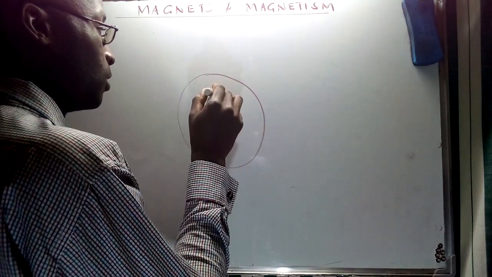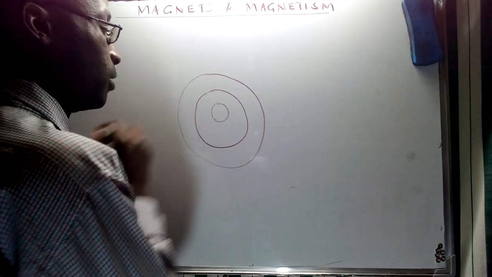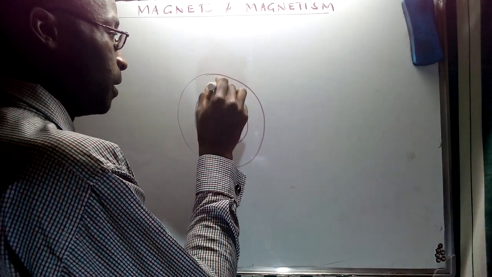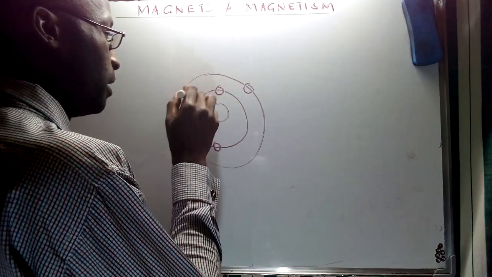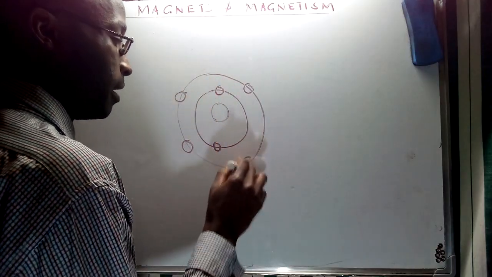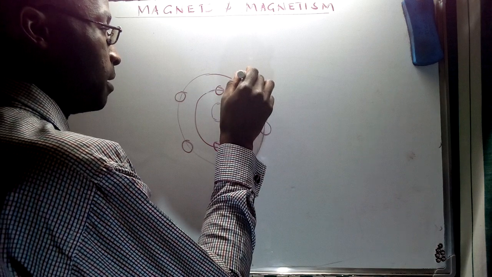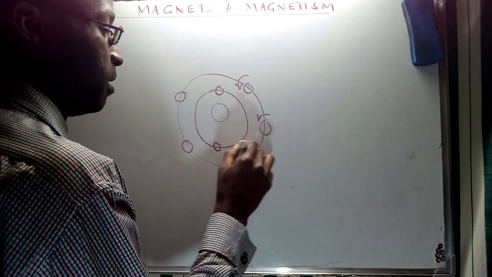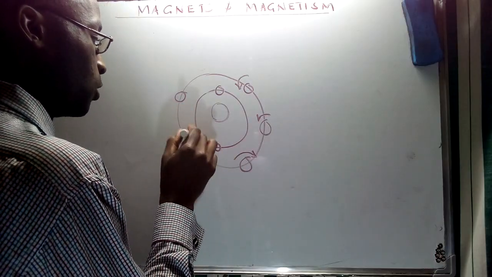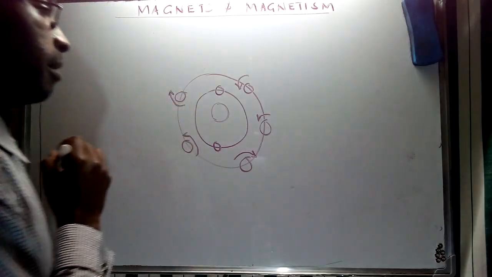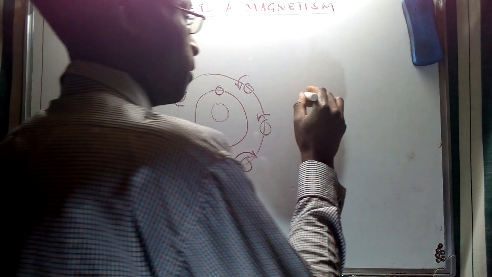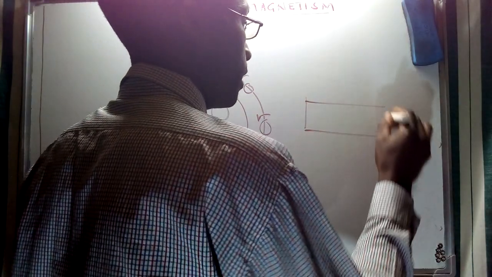If you have an atom that has two electronic levels, and there are electrons revolving around this nucleus for the two levels, these electrons are going to experience a spin, whereby as they revolve around that one, they experience some spins. And therefore, this spin is going to play a vital role in the establishment of what we call the magnetic poles.